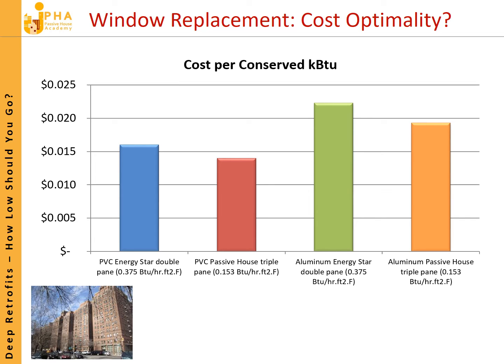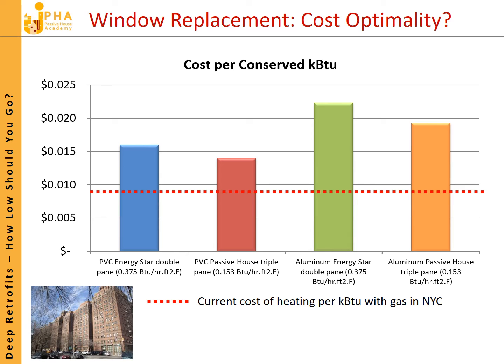And the same pertains to the aluminum windows. We have the green and orange columns here for double pane and triple pane respectively. These are more expensive than the cost to purchase a kBTU of energy, but as we saw from an earlier slide, windows are more expensive in terms of cost energy reduction than compared to wall insulation or roof insulation.